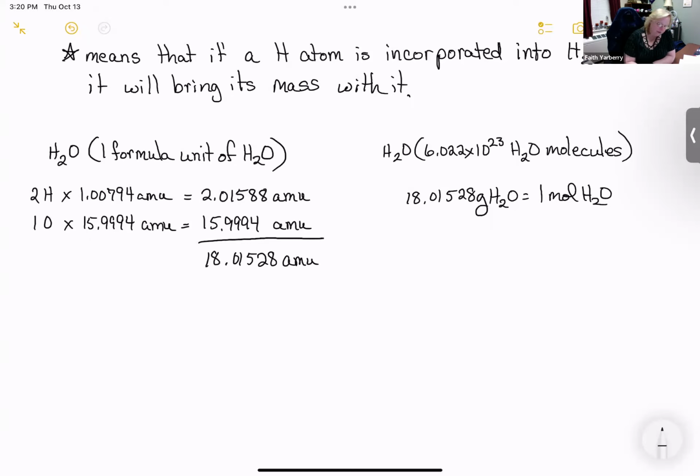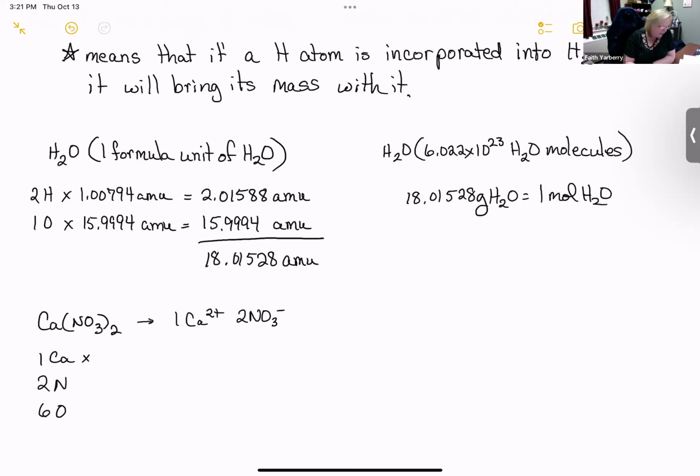The next one, let's take calcium nitrate. Now you got to remember what calcium nitrate is. It's telling you that it has one calcium ion and two nitrate ions. So it has one calcium and it has two nitrogens and it has 6 oxygens within its molecule.